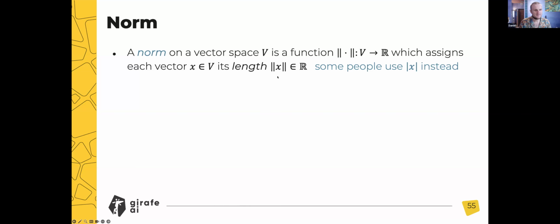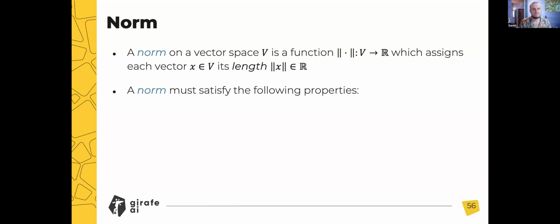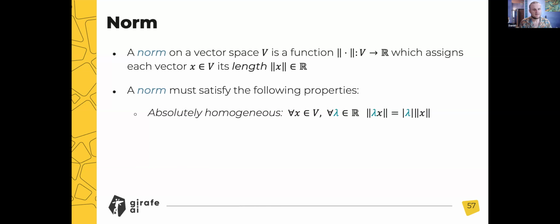It can be written with these vertical lines or double vertical lines. We have a vector, we put it in our box, and it outputs a number. But again, it has to satisfy some properties. For example, it has to be absolutely homogeneous, which means that if we multiply a vector by some lambda, we can pull it out, right, and multiply by the modulus of lambda.